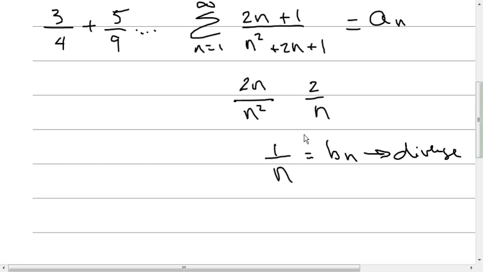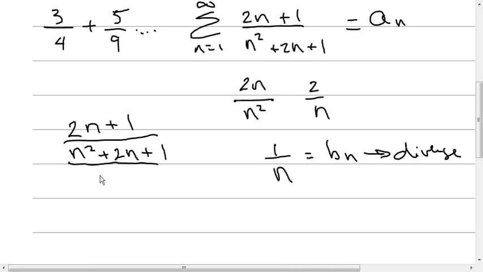Now we can ask this question: let's make a ratio of these two functions. That's a sub n, and then b sub n is 1 over n. Of course, this is in the denominator, so we can take its reciprocal and multiply it by the top and the bottom.